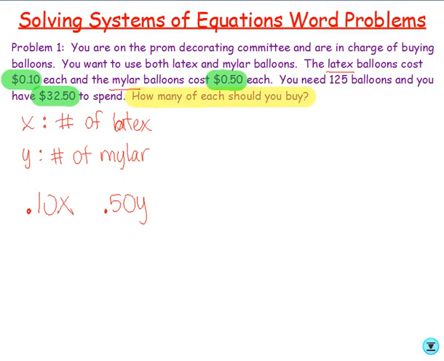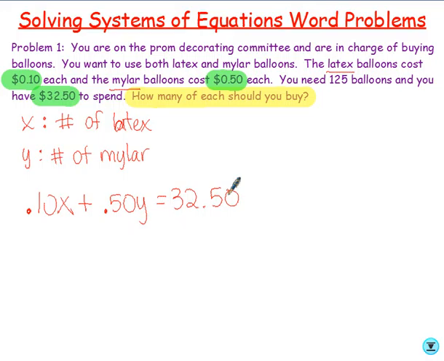Now, I'm combining the Mylar and the latex together, so that means I'm going to add them. The last number I see is $32.50. That's a total amount, and totals always go on the right side of the equal sign. So 10 cents for each latex balloon plus 50 cents for each Mylar balloon gives us $32.50.